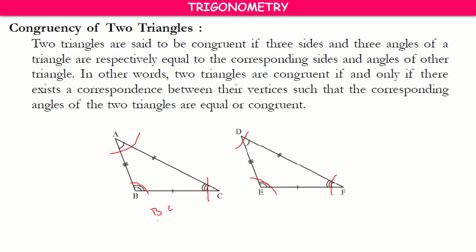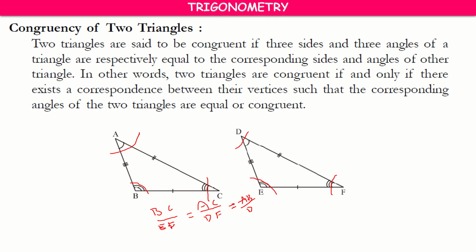BC by EF equals, first side. Second side is AC by DF, equal to. Next, the third one is AB by DE.